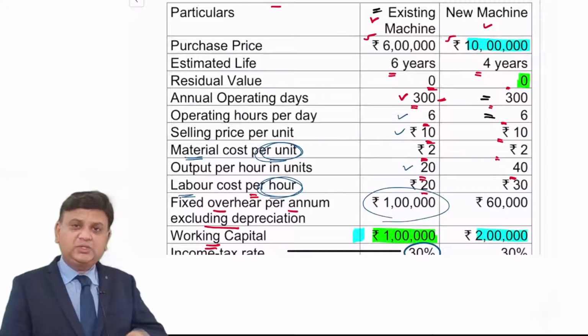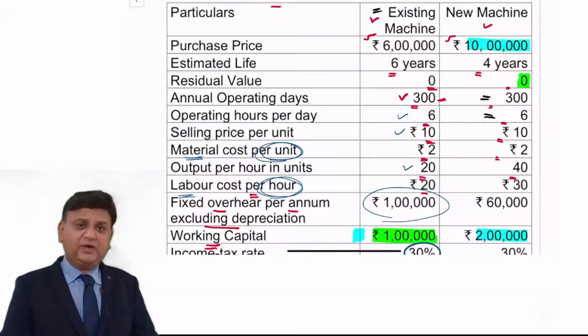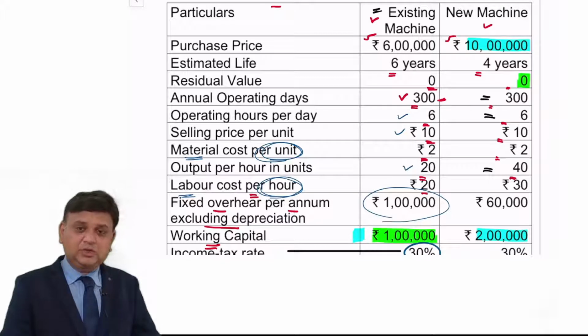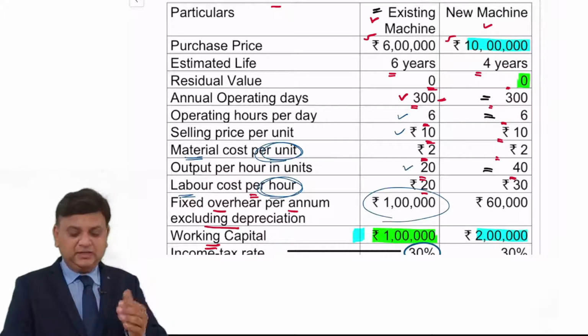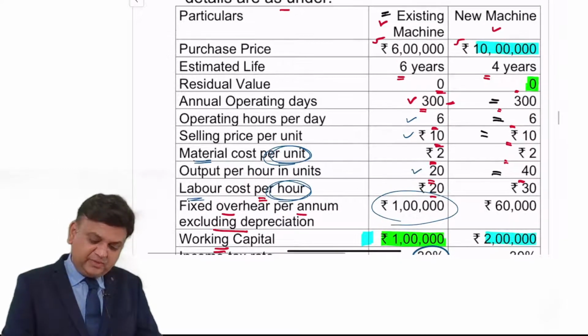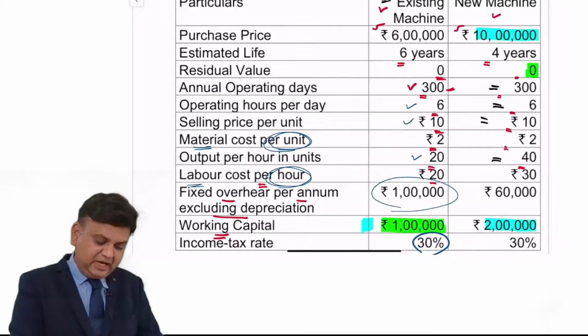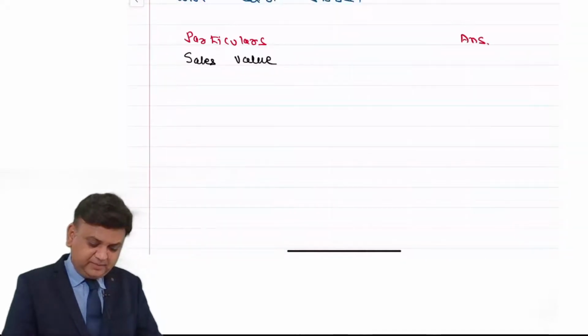So 300 into 6, it is 1800 hours in a year we are working. Multiplying with the output, which this time is 40. So the output will increase, selling price is going to remain same, and with that we will have the higher sales value, and so on working is required to be made.